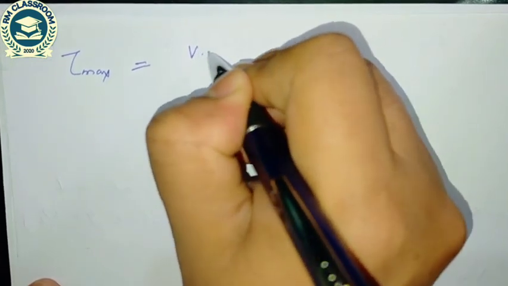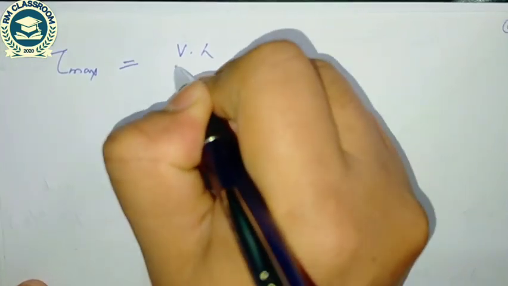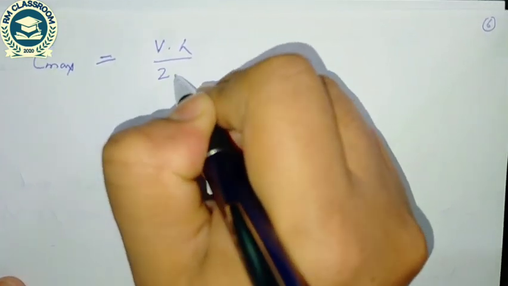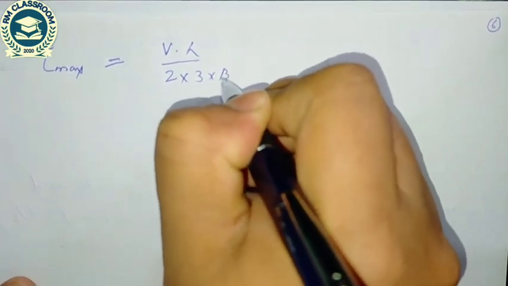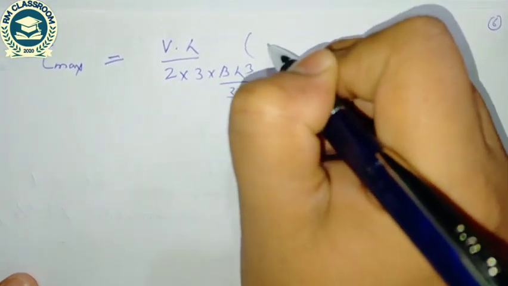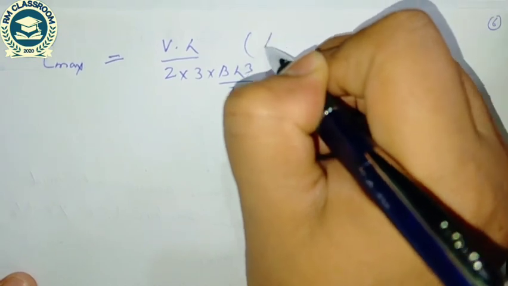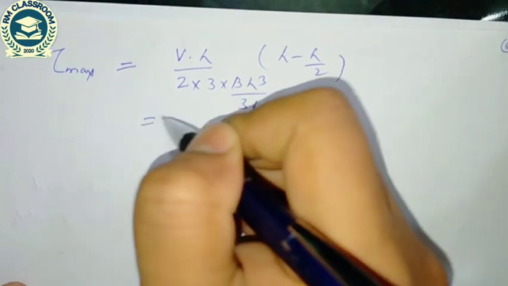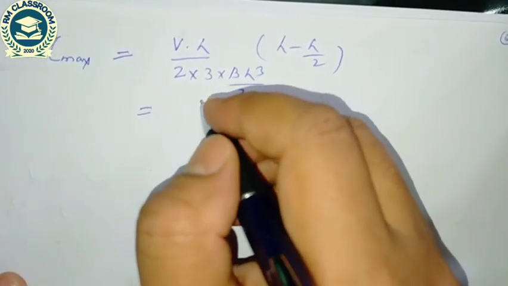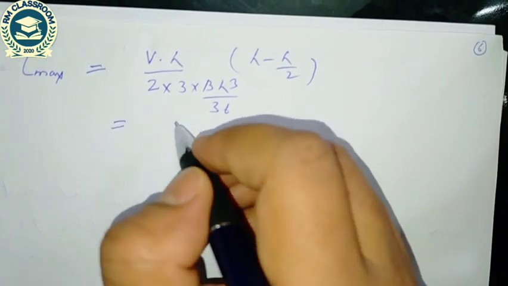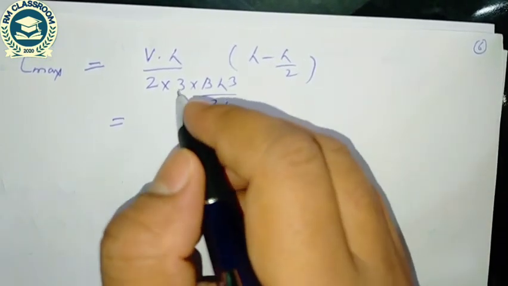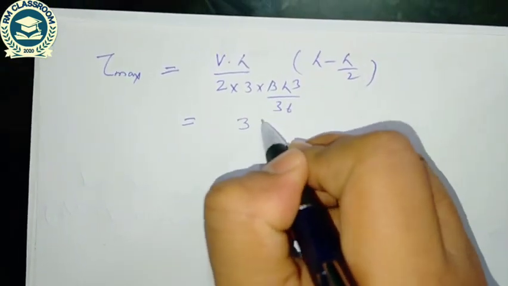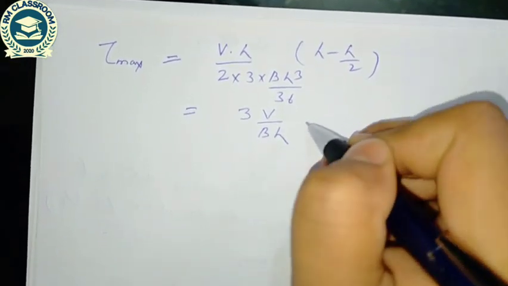So V into h by 2 into 3 into bh cube by 36 into (h minus h by 2). So it is coming 3 V by b into h.